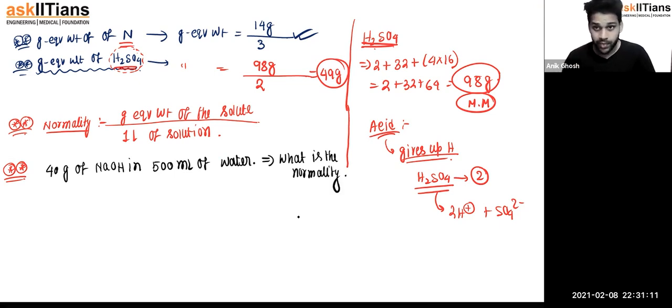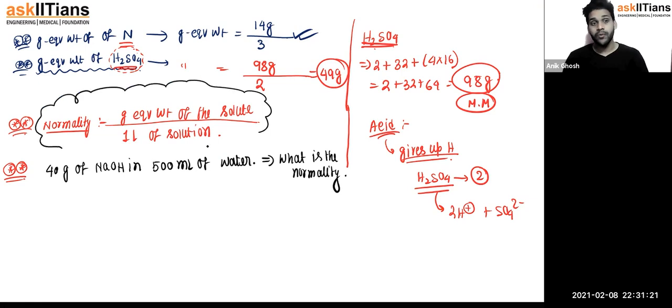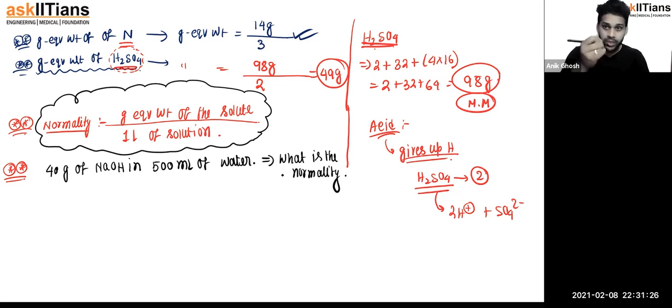Now focus on it. Whenever you get a question like that, my tip is to write the formula first. It would help you a lot. Normality equals the gram equivalent weight of the solute present in 1 liter of solution. First, one by one, you need to find the numerator.